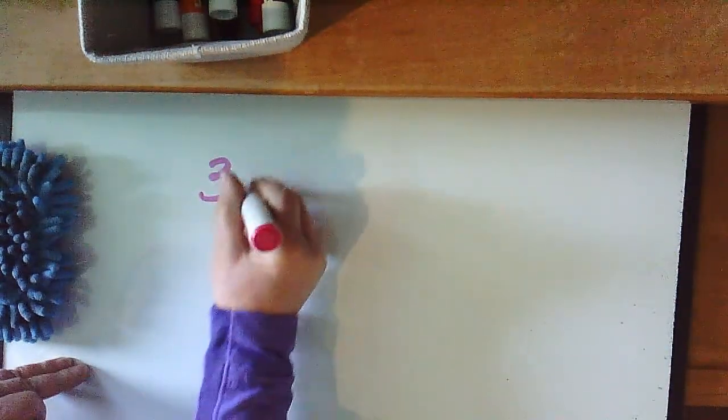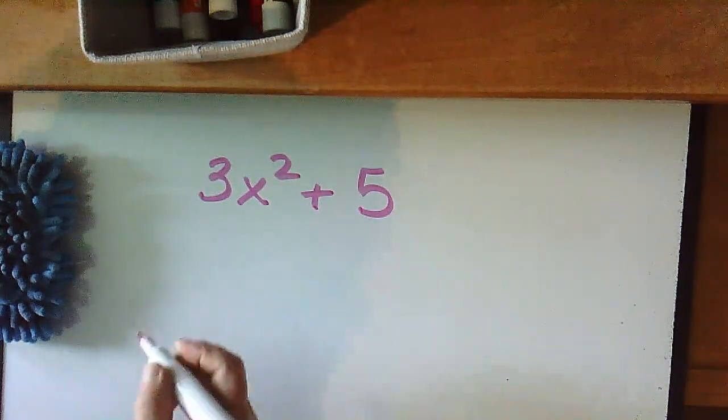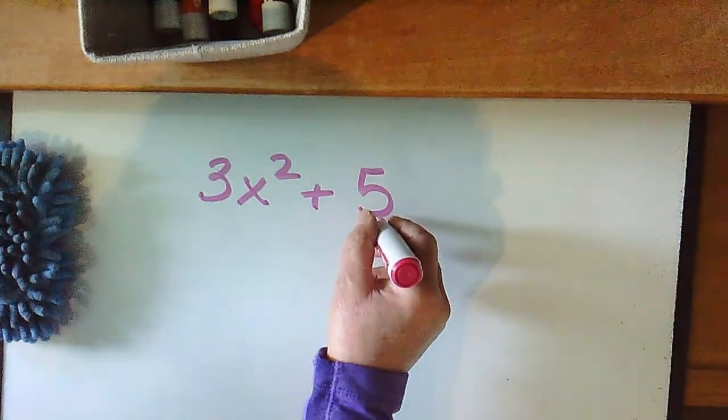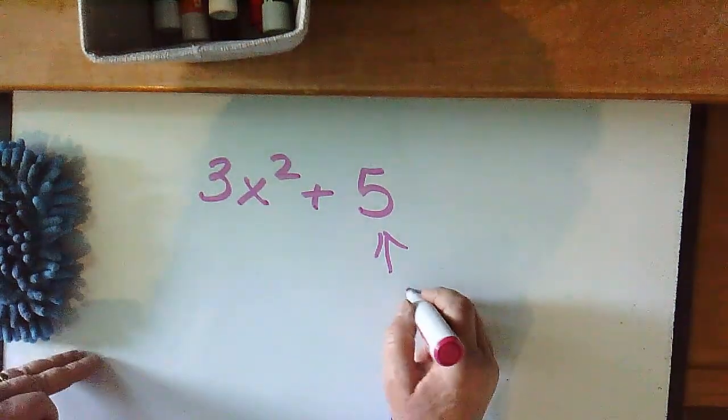So in order to start talking about them, let's remind ourselves of some of our vocabulary that we need to know to talk about polynomials. First of all, let's remember that a number that is all by itself, a term that is made up of a number, is called a constant.